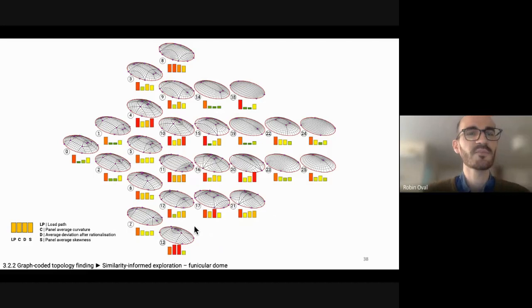I just show this example, which is detailed in my thesis. Here I consider 4 metrics to design a tessellated dome with an elliptical boundary. Here there's a combination of funicular form finding and then a rationalization with planarization.